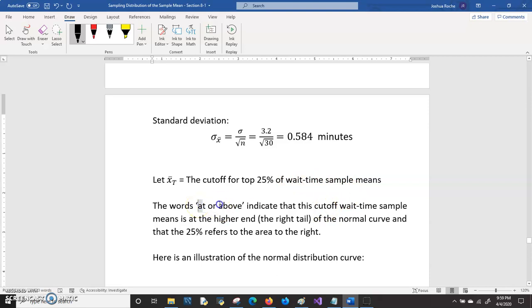In the problem, they use the phrase at or above, and that indicates that this is a cutoff wait time at the higher end of the normal curve. So in other words, it's some wait time that's near the right tail of that curve. If this had said at or below, we'd be talking about the left side of the curve.